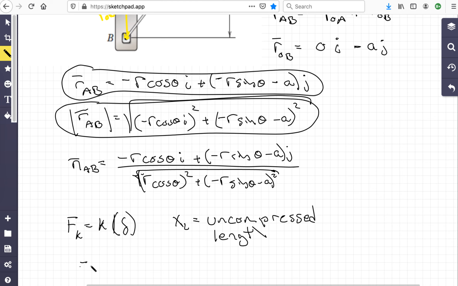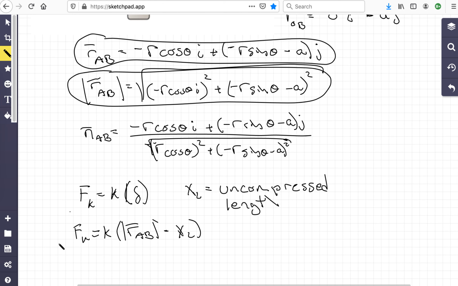So we can say that the stiffness is equal to the magnitude of RAB minus XL for the uncompressed length. And that's how we would get the force in the K. Now again, you can put in all the numbers, but that's how you get the magnitude of that.